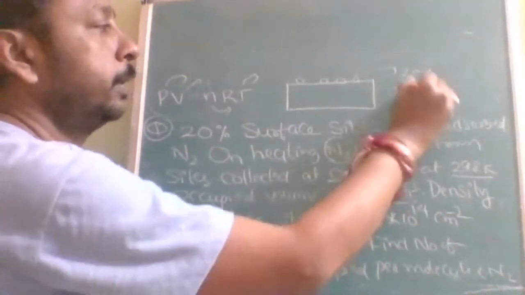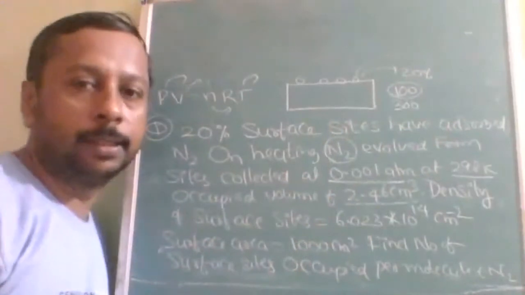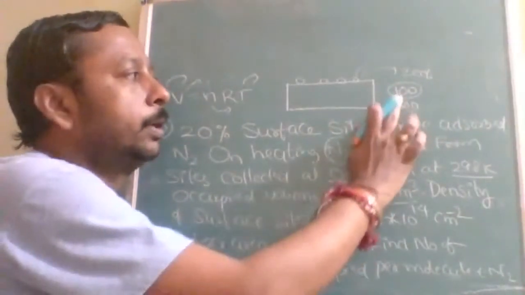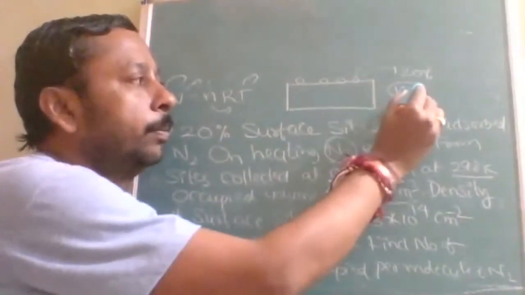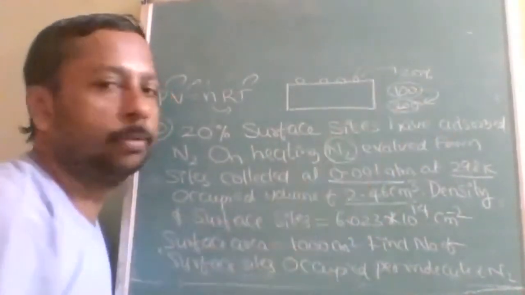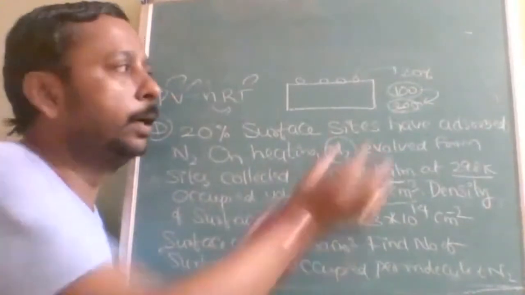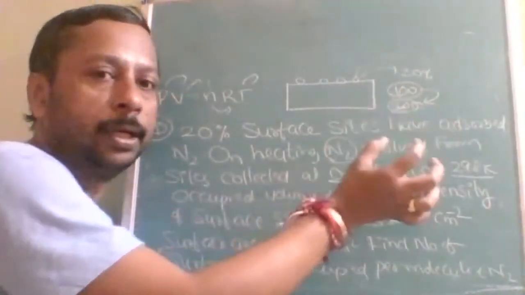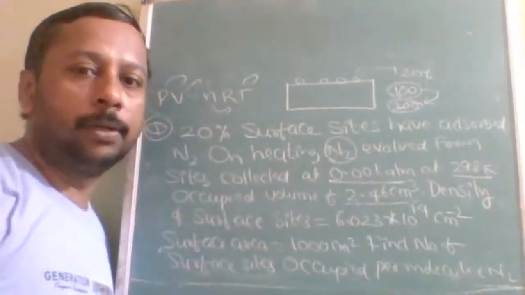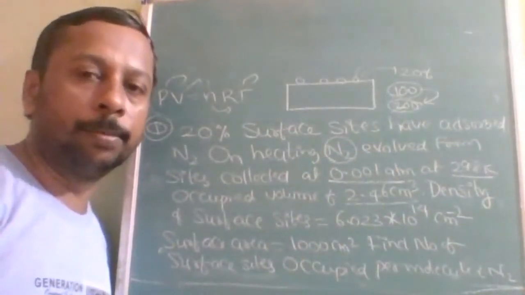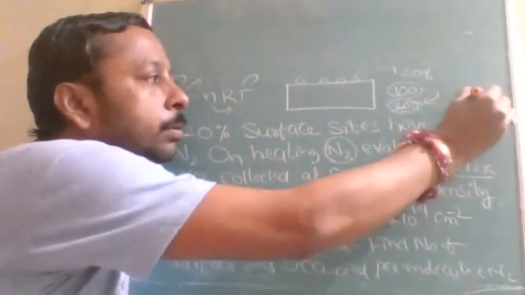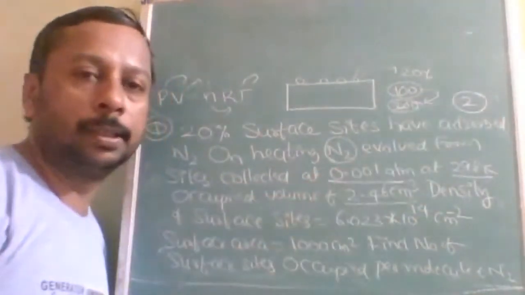That means each nitrogen occupies how many sites? 3 sites. Suppose if you get 200. So 200 sites are occupied, but number of molecules are how many? 100. 100 nitrogen occupied 200 sites. That means each nitrogen occupied how many? Like that you will get number of sites occupied. So answer to this question is 2.